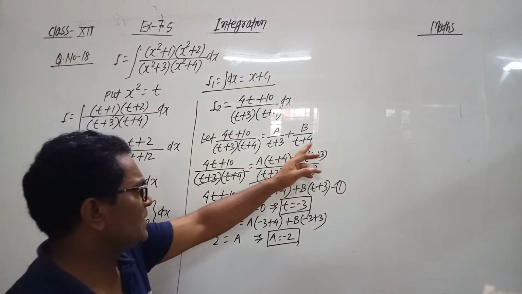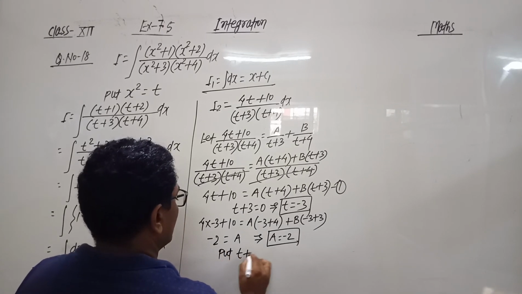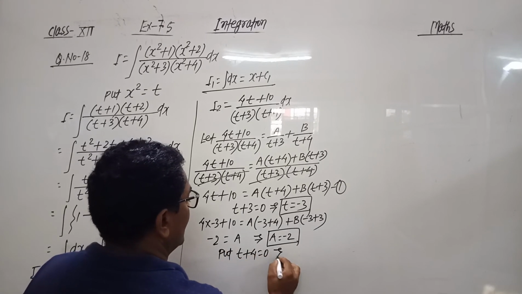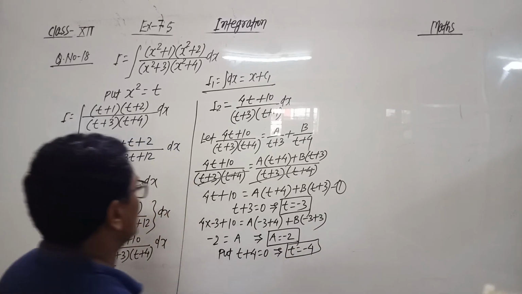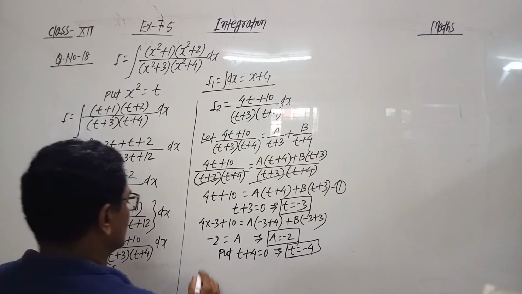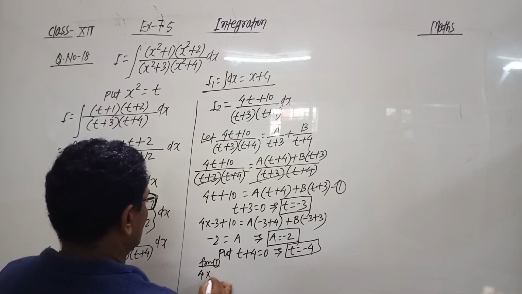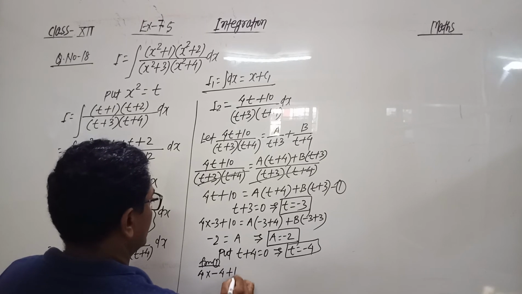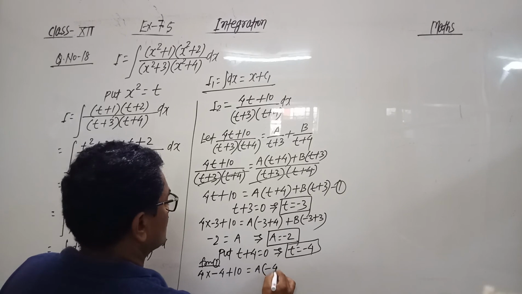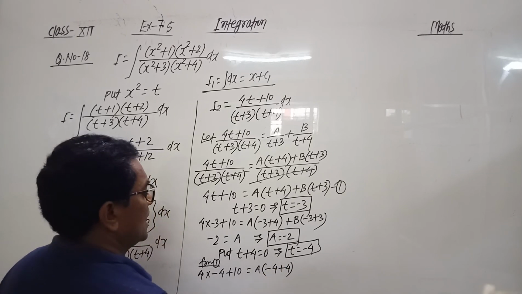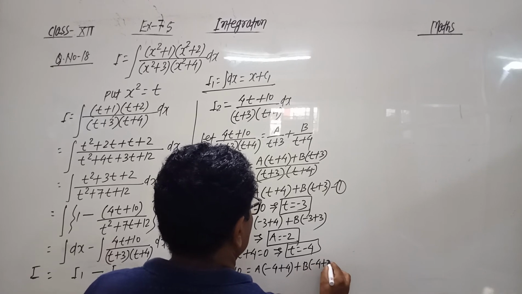Then we put t plus 4 equals 0 and find the value of t. t equals minus 4. Put t equals minus 4 in the first equation. So 4 into minus 4 plus 10 equals A into minus 4 plus 4 plus B into minus 4 plus 3.